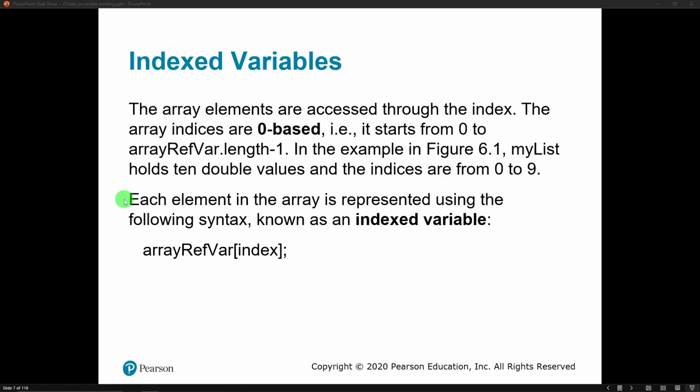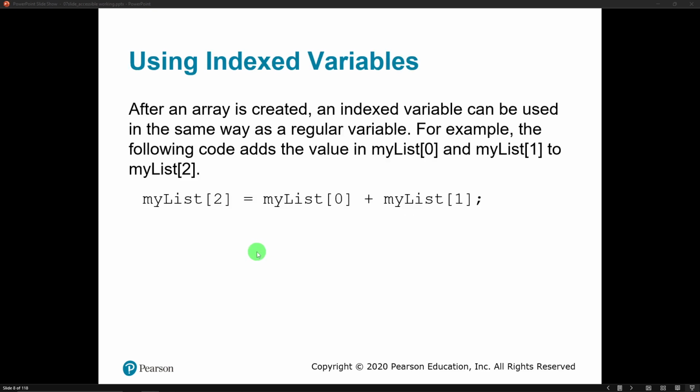Each element in the array is represented using the syntax: the name of the variable, and inside the square brackets, an index number. We can use them just like any other variables.